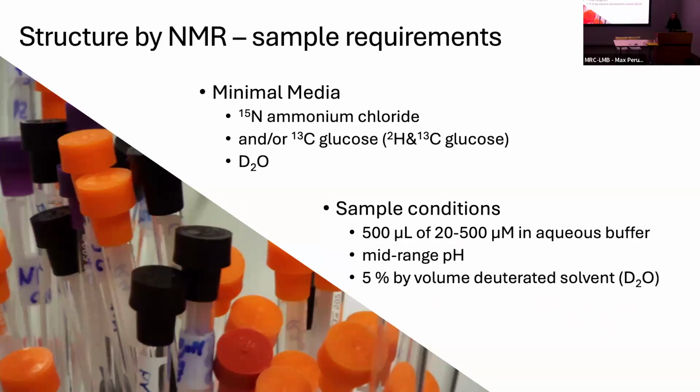If you can't, we can do smaller tubes if it's absolutely necessary. We're looking at a mid-range pH for your buffer, about 1 pH unit away from your pI, ideally. And then before it goes in the spectrometer, we add 5% by volume of deuterated solvent, usually D2O, and this is just to help experiments work.